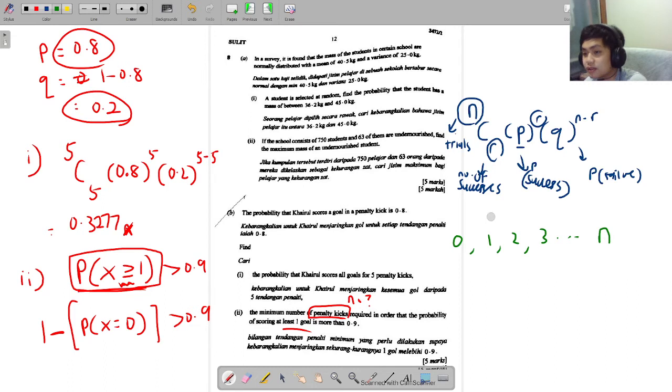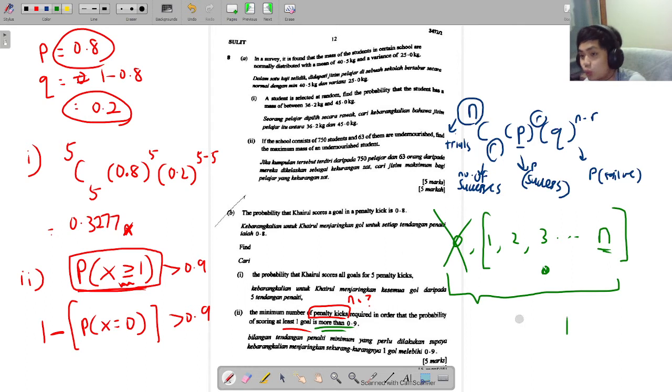We want to make sure that the probability in this case is greater than 0.9. So how many n does he need? We know the total probability is supposed to be 1, so we can take 1 minus this probability and find out this probability, right? It's something similar to the sum formula that we have.